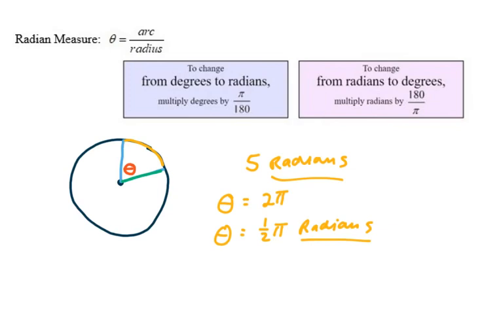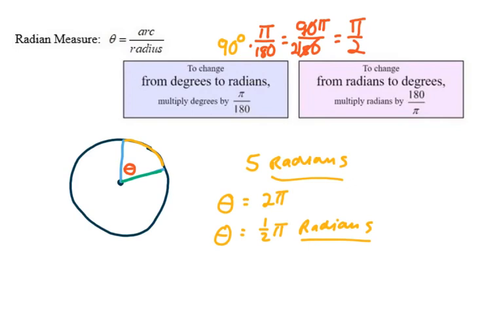For example, if I was given, say, 90 degrees, and I wanted to turn that degrees into radians, I can do so by multiplying the degrees by pi over 180. So if I multiply that, I get 90 pi over 180, which is equal to, if I simplify those out, pi over 2.